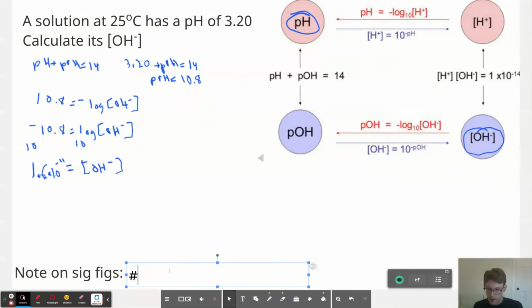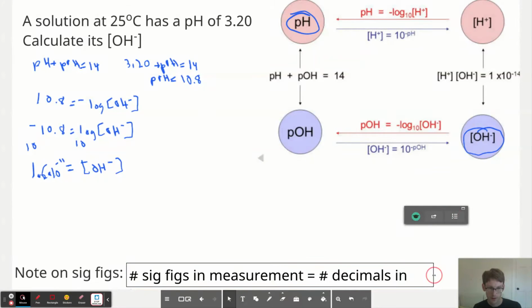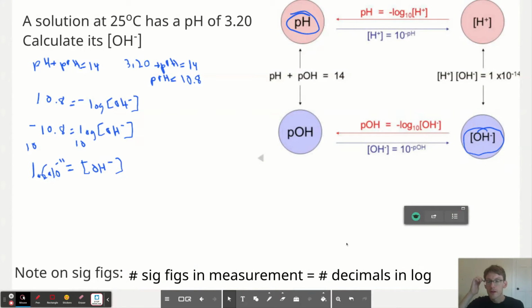The number of sig figs in the measurement equals the number of decimals in the log. So let me just spread that out over here. Decimals in log. There we go. So we have 2 decimal places in this log, the 2 and the 0, and that is going to be equal to the number of sig figs in the measurement.